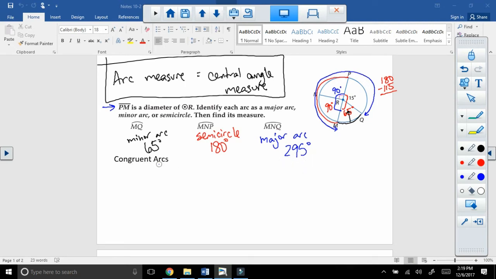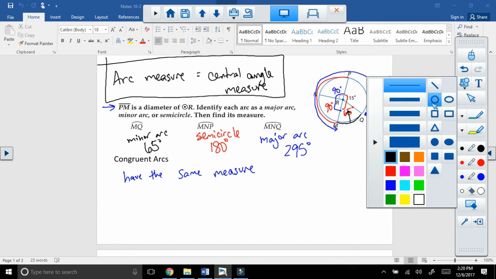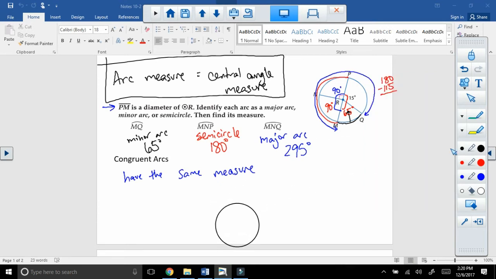And then congruent arcs, I'm just going to write down they have the same measure. And if you want to make an example of that quick, we could do that. If you have a circle, actually let's add this in because we haven't looked at this yet.